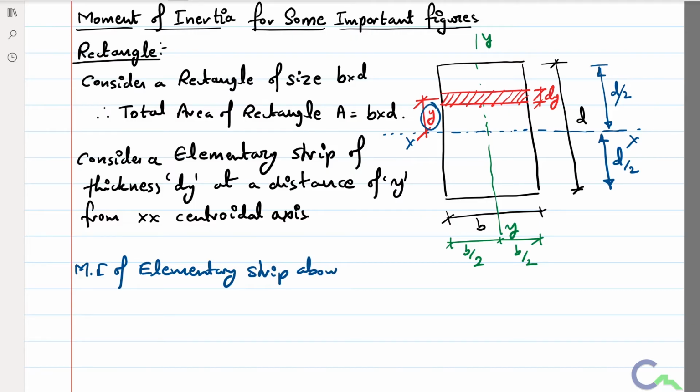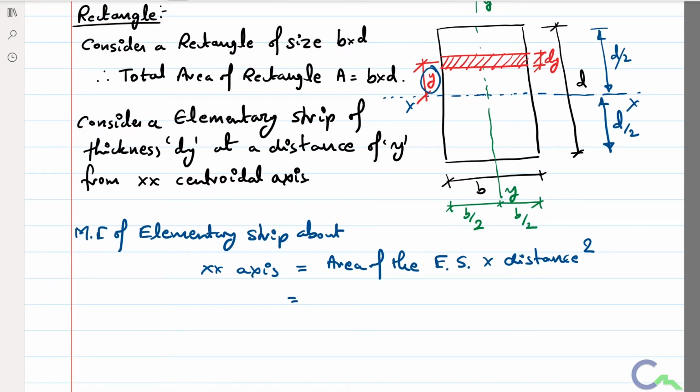So I can write moment of inertia of elementary strip about xx axis is equal to area of the elementary strip into distance square. So area of the elementary strip is b into dy.